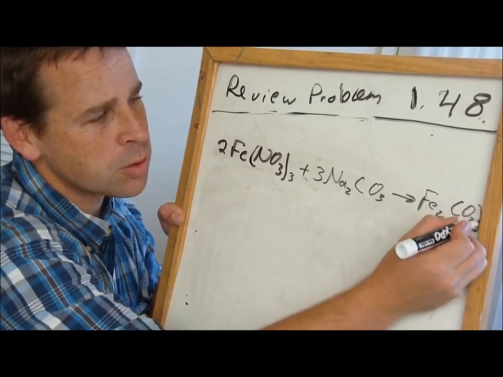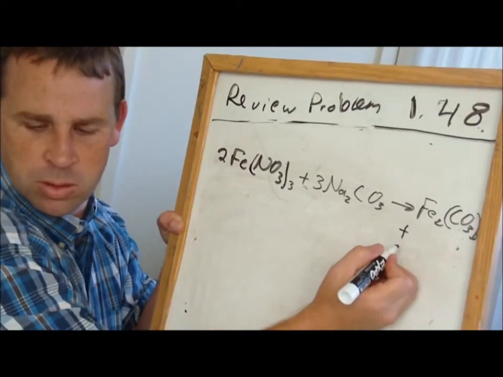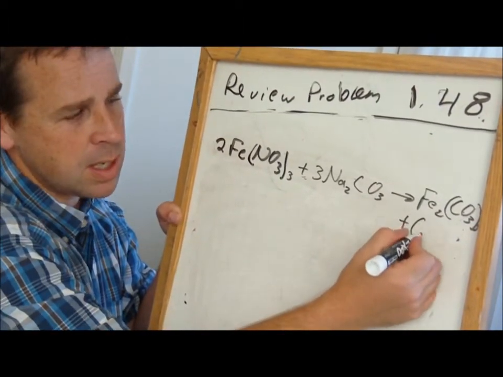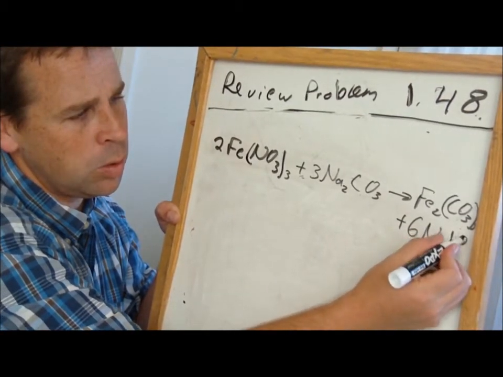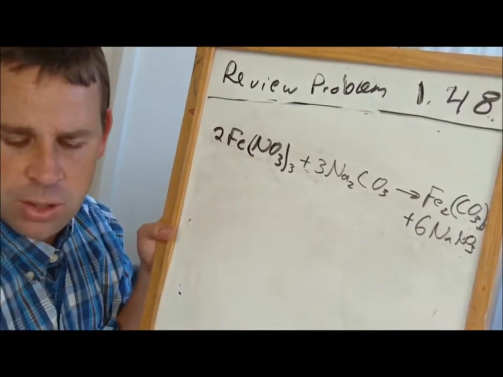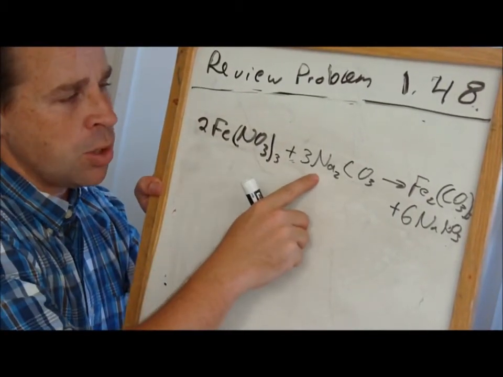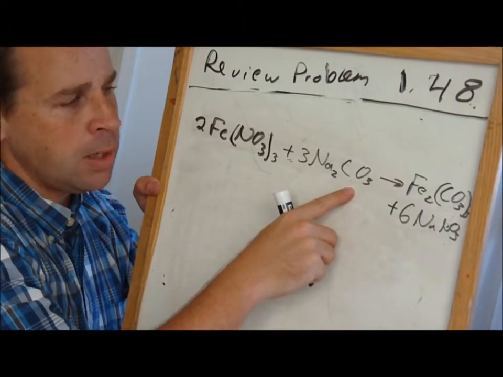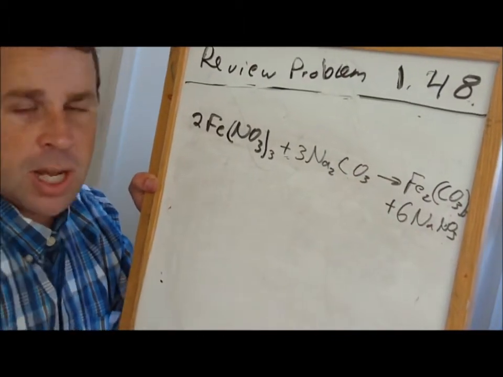There's 3 of those carbonates, plus 6 NaNO3. That's sodium nitrates. So this is iron nitrate plus sodium carbonate yields iron carbonate and 6 sodium nitrates, right?